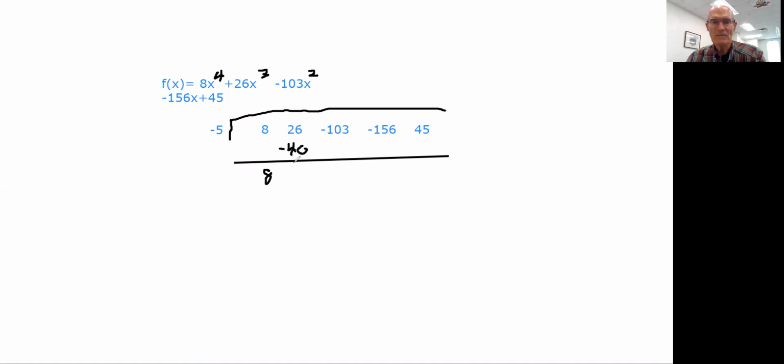I add these two numbers and I get a minus 14. I multiply minus 14 by minus 5 and I get 70. That leaves me with a minus 33.